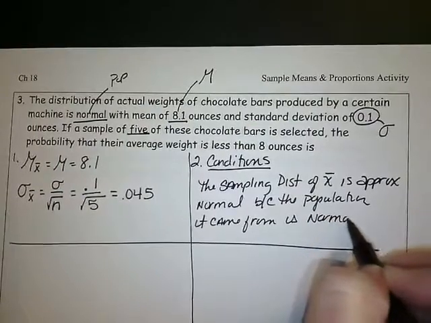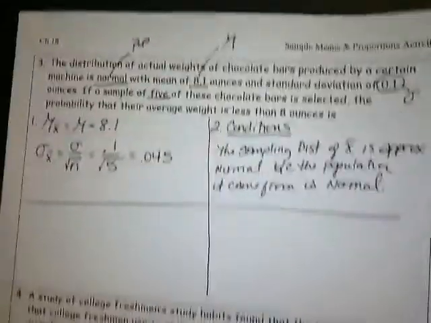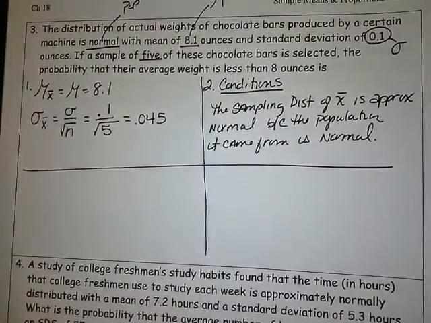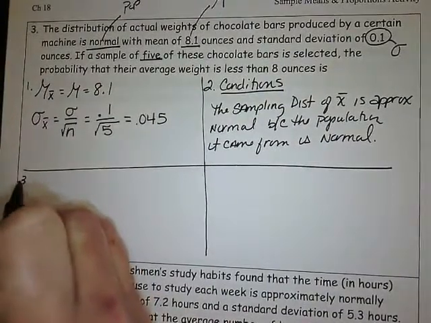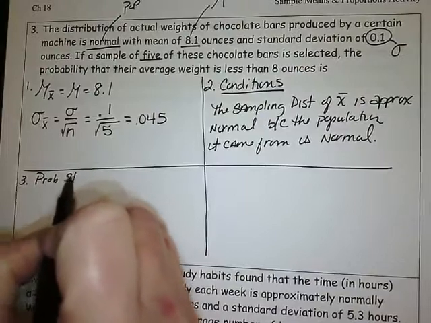All right, so we're good to go. So now that we know that our sampling distribution of x bar is approximately normal, now we can go ahead and calculate the probability. So part 3, we're going to write our probability statement, right?